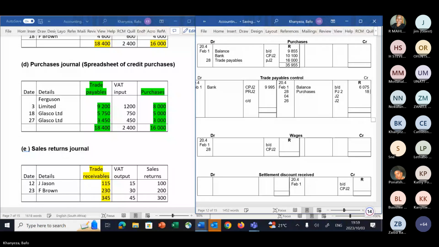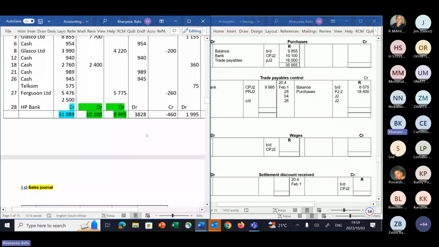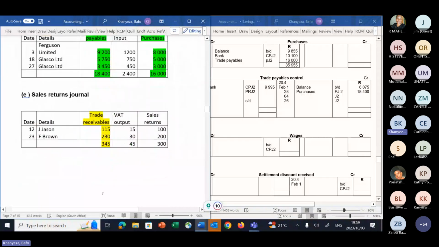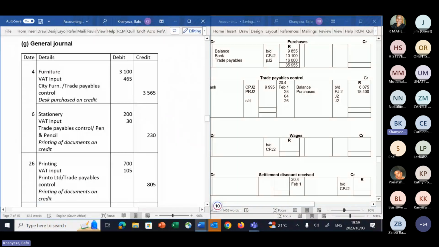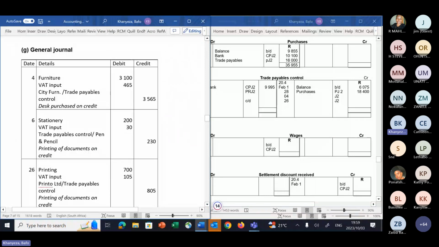Then now, let's go to the general journal. We didn't go to the general journal before. Remember, the general journal is for credit purchases that are non-routine. It's not like a purchase of stock, so you're just purchasing something.